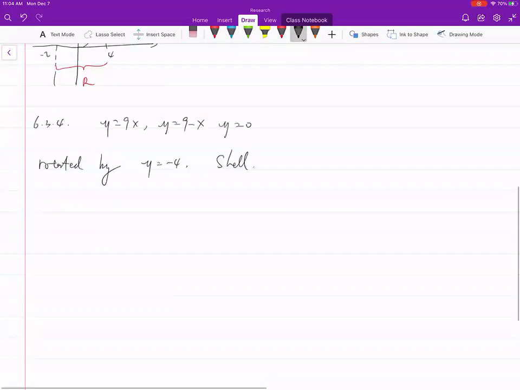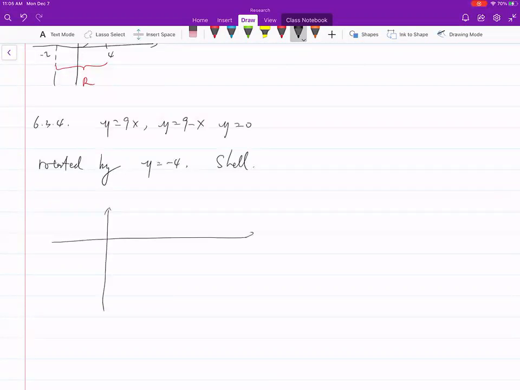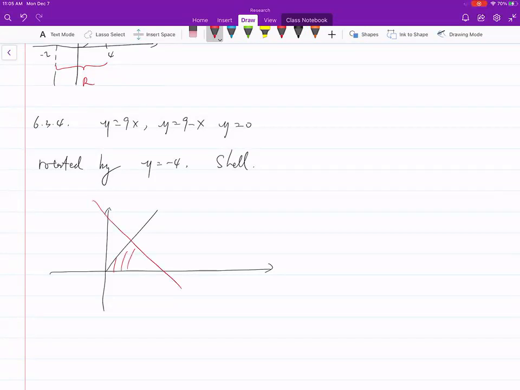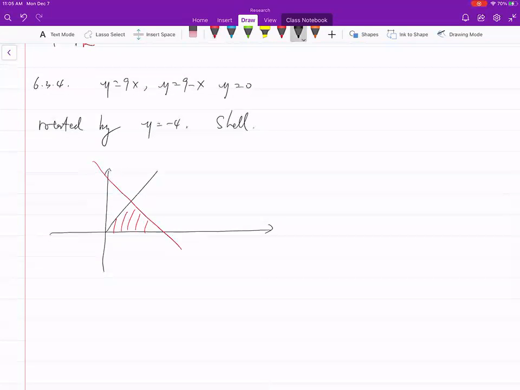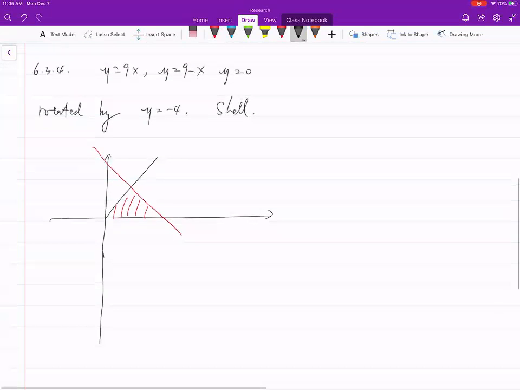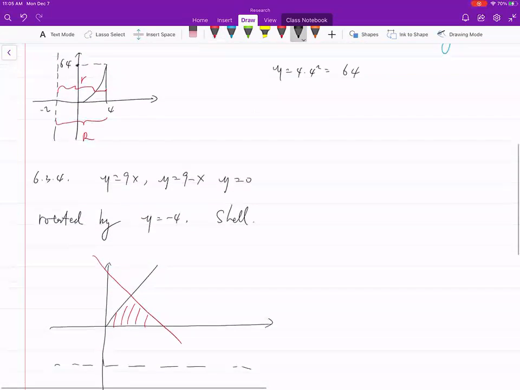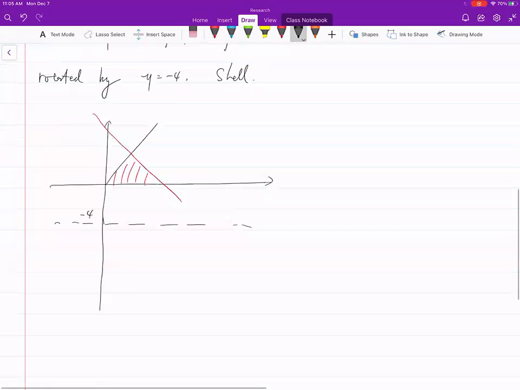The region is bounded by y equals 9 minus x, y equals 9x, and y equals 0, so this part rotated by y equals -4.